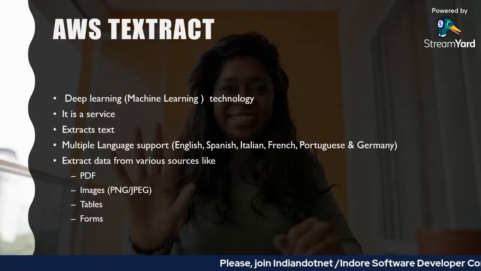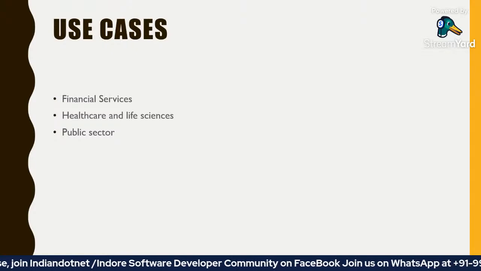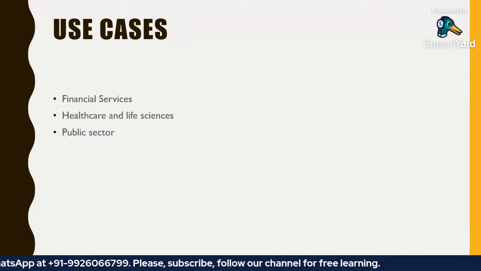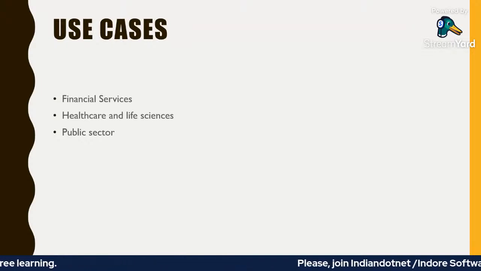Okay, so what are the different use cases? Basically we are talking about three major industries: financial services, healthcare and life science, and public sector. So firstly, let's understand where it is used in financial services.